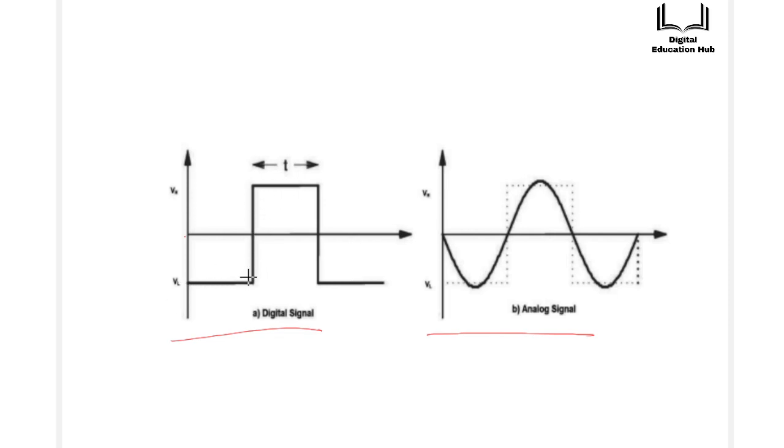You can see that here there is a breakpoint, and here there is also a breakpoint. So it is discrete, or non-continuous. This is the digital one and this is the analog one. By this, we complete this particular topic.